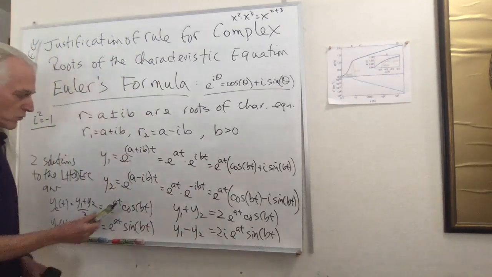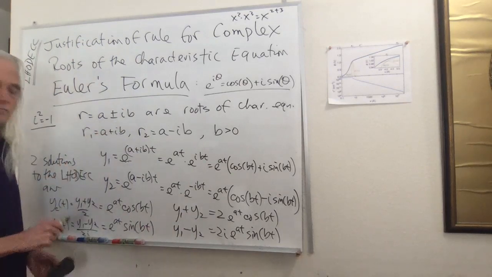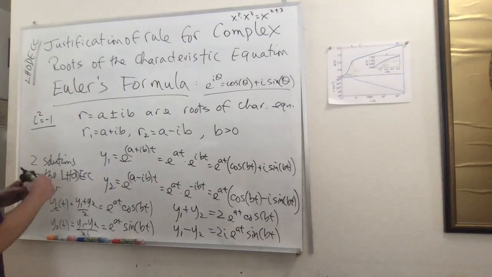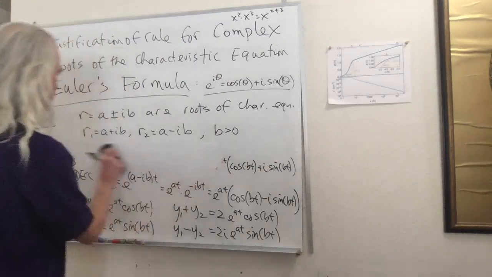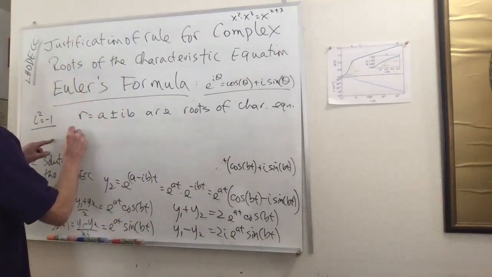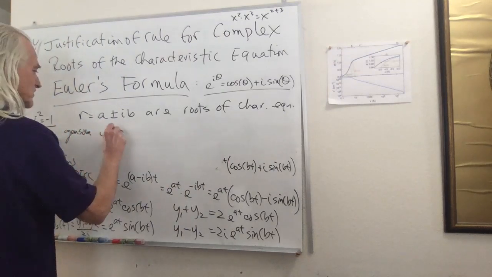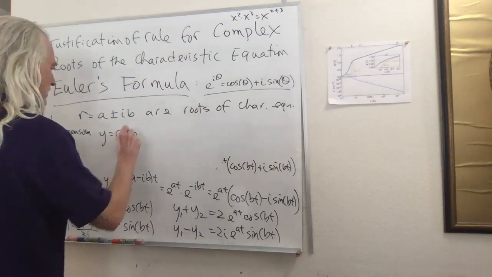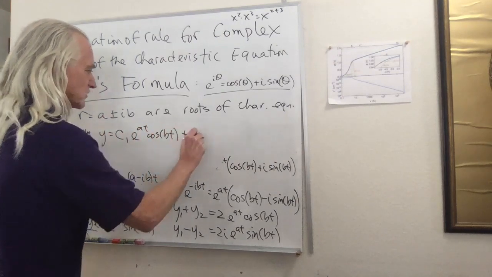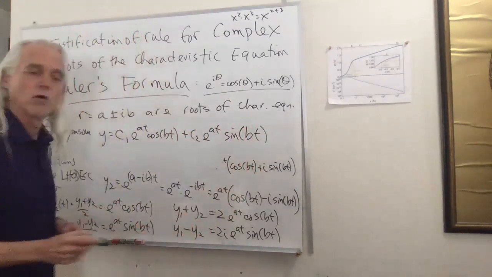So I get two real valued solutions to the ODE with those roots. And they're linearly independent, so the general solution is going to be, as we've written out many times, if those are the roots, the general solution is y is c1 e to the at cos of bt plus c2 e to the at sine of bt. Cool.